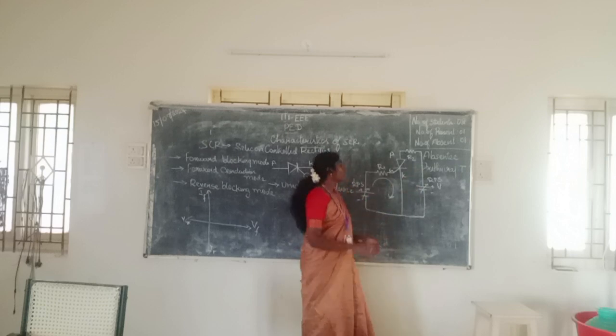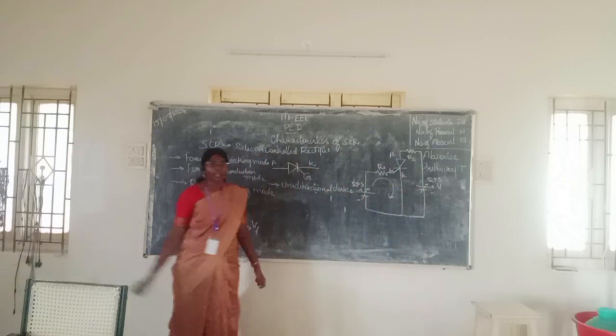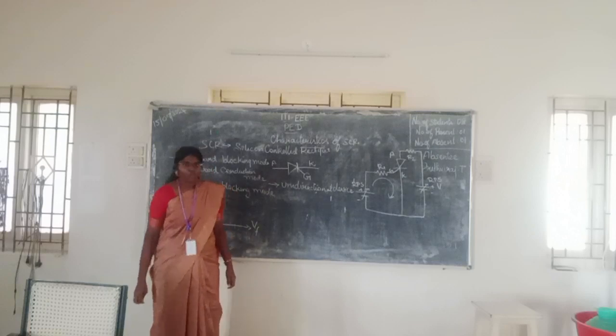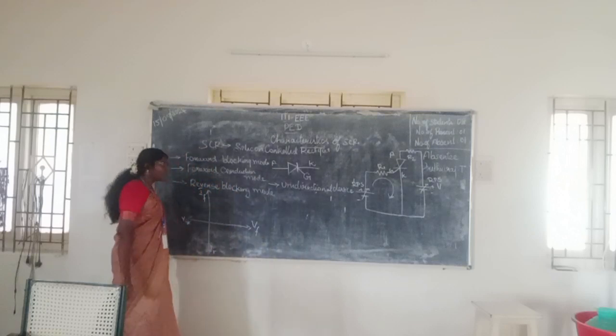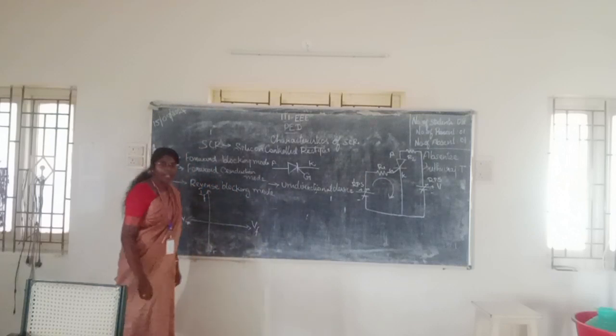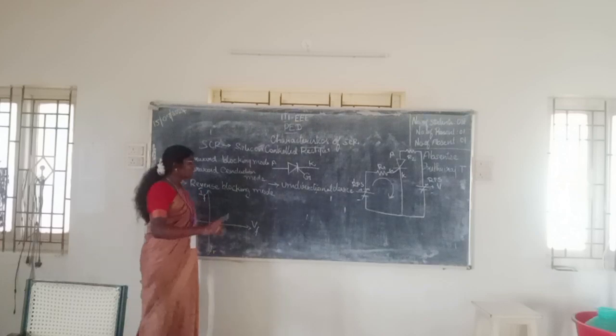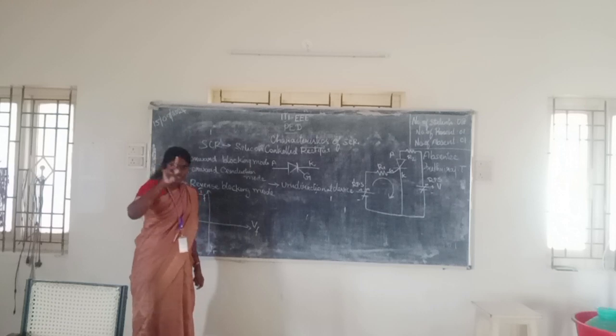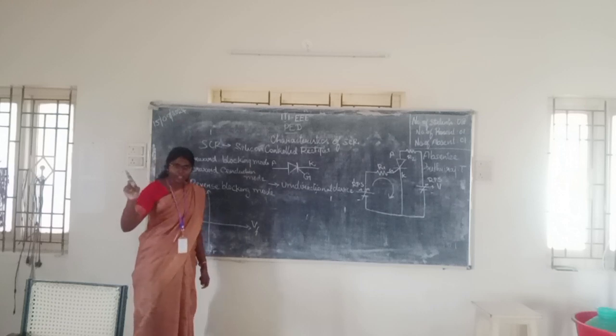When positive is connected to the anode and the negative is connected to the cathode, who is going to act? It is going to act as a diode, right? Because in a diode also, anode is connected to positive and cathode is connected to negative.